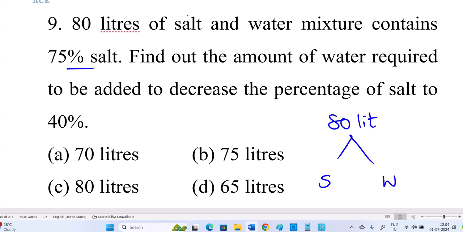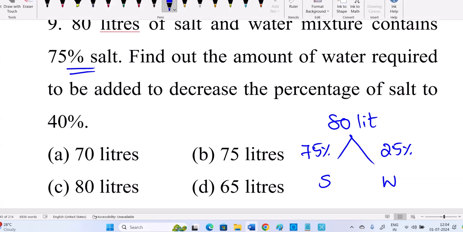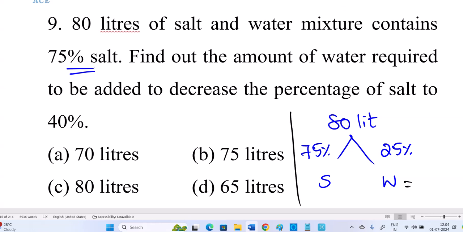In the question, salt is 75%. Obviously, water will be 25%, which means 1 by 4th. 1 by 4th of that 80 is nothing but 20. Salt is 60. This is the method we solved previously.